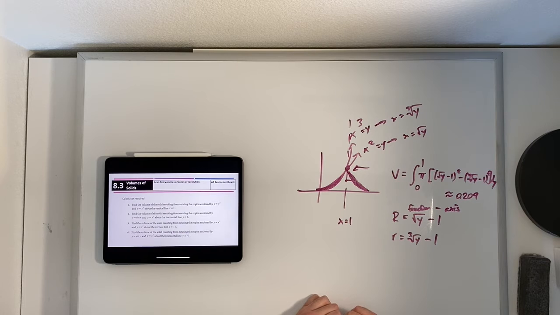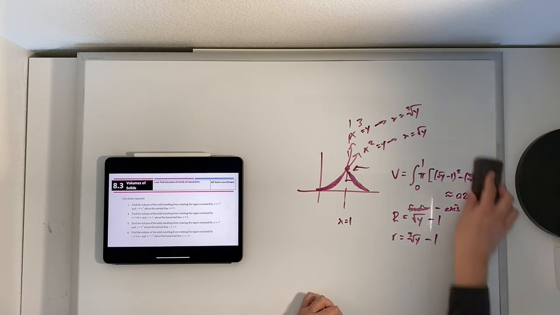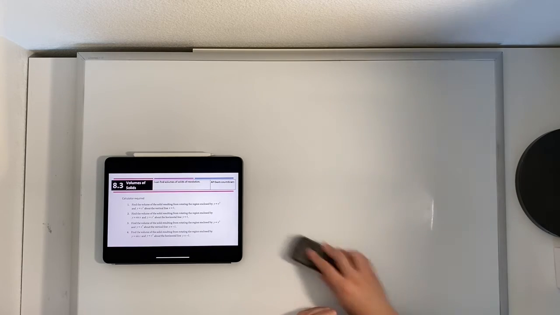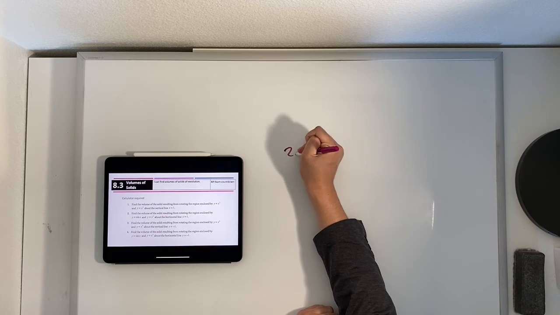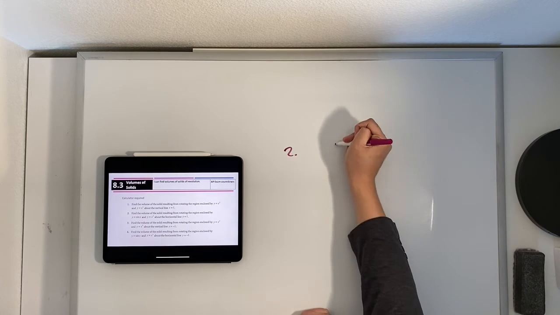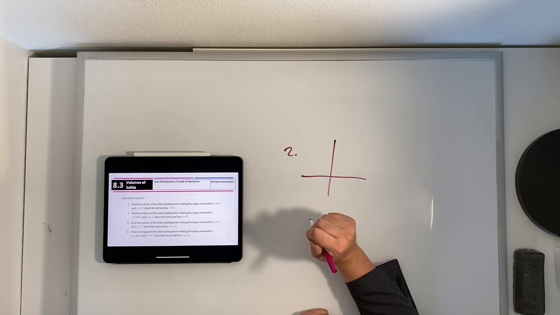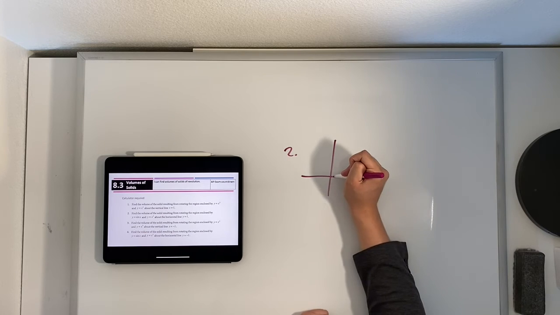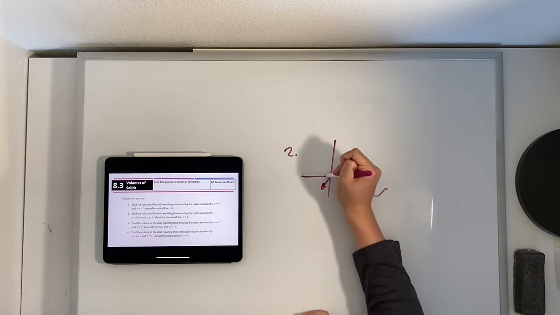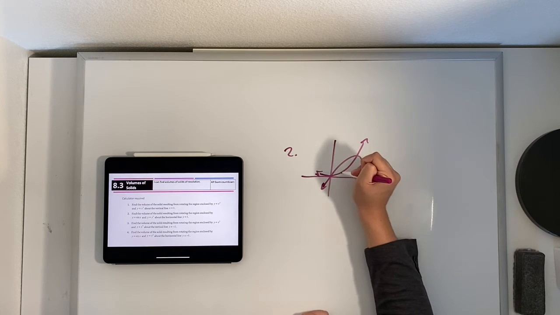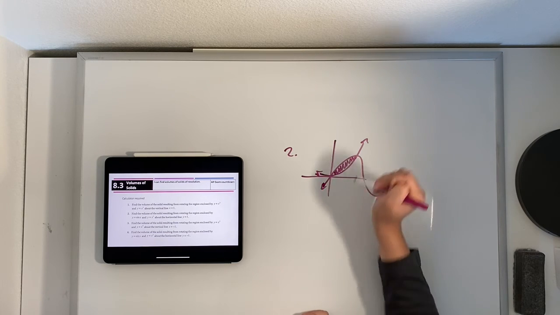Let's practice number 2. So we're revolving around a horizontal line. We have the region enclosed by the sine of x and x squared. So kind of a similar shape.